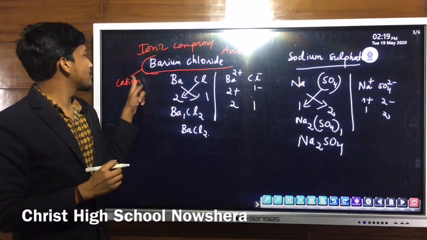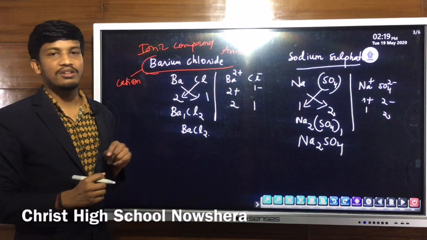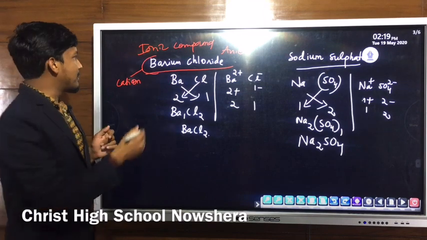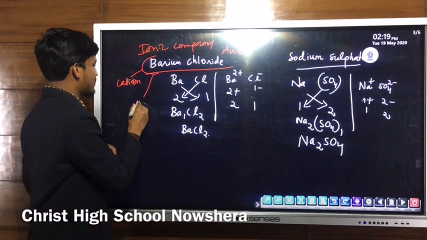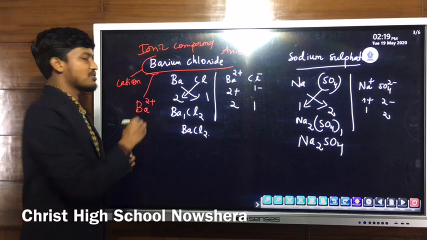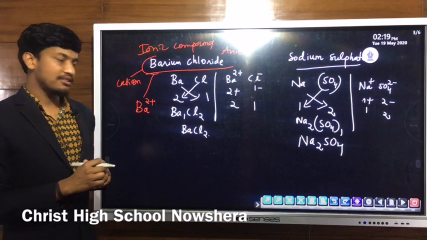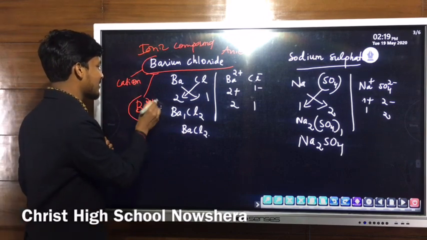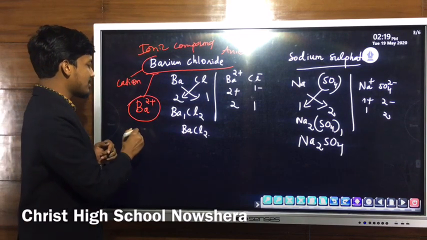Barium's symbol is Ba and charge is 2 plus. We didn't study barium in the previous class, so you have to learn this.